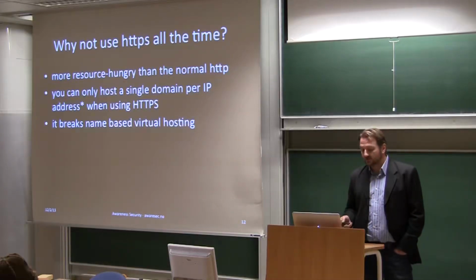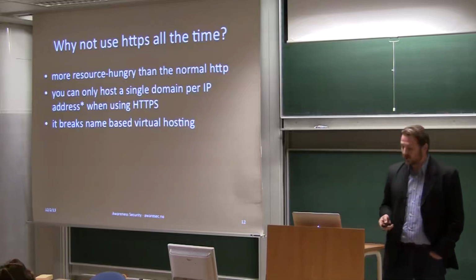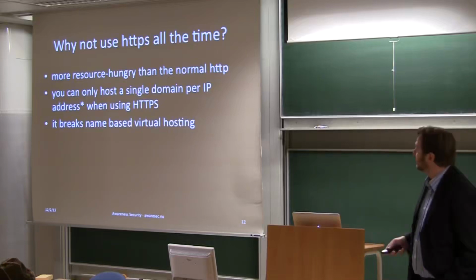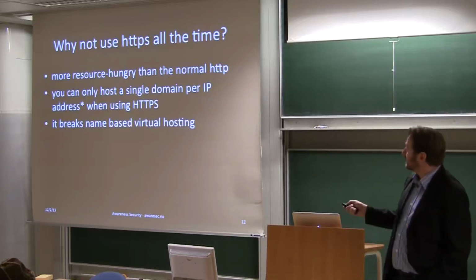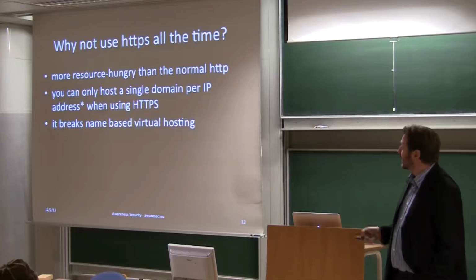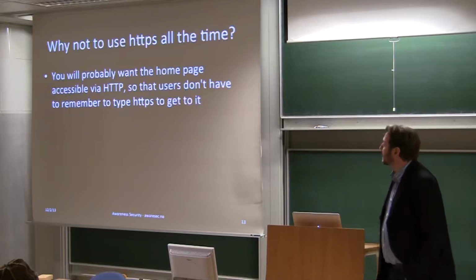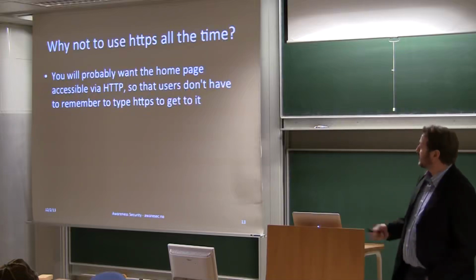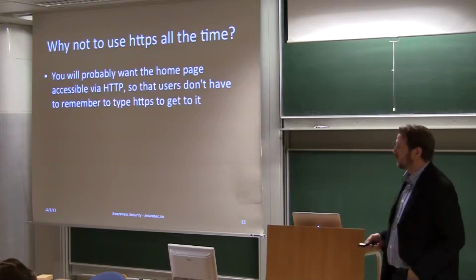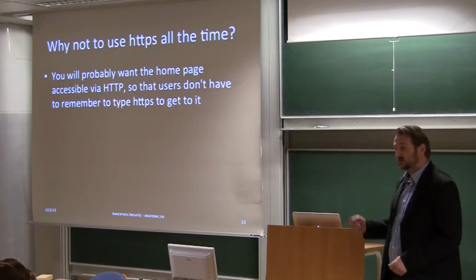That is an extension for SSL that allows multiple domains on one IP. So I think you can say that's a no-problem issue in the future. It breaks name-based virtual hosting, and you will probably want the homepage accessible via HTTP so that users don't have to remember the HTTPS, as I showed you.